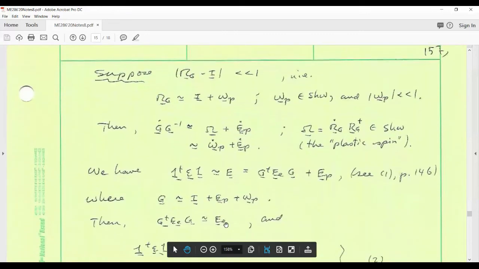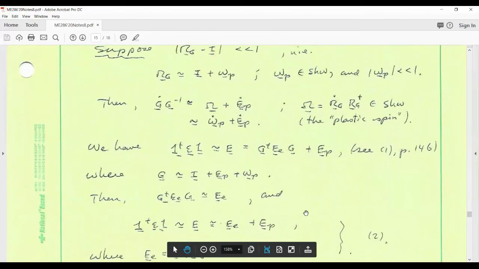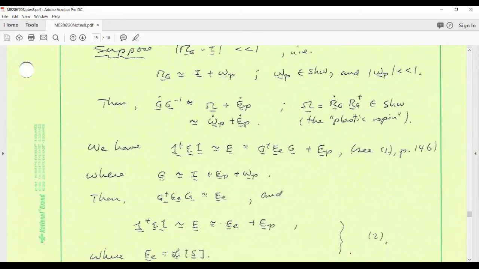Okay, so altogether, remember, if you go back to yesterday, or Tuesday rather, to equation 1, the strain is exactly equal to G transpose elastic times G plus E plastic. The strain is approximated by this, where epsilon is the infinitesimal strain tensor.